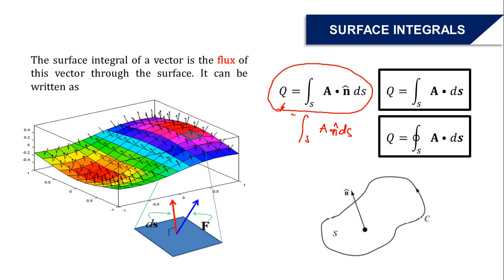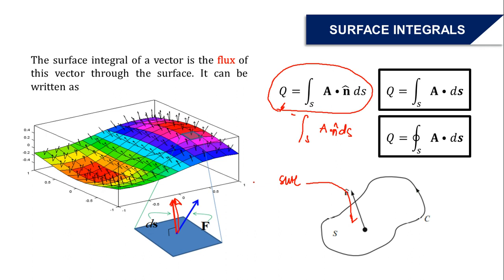Dahil yung vector n naman ay equal naman yun sa 1, pwede na nating alisin. No? Pero, let us take note na inalis natin yan, dapat sure tayo or yung ating direction ng ating surface integral is perpendicular doon sa ating surface. Yan. And it follows the right-hand rule.